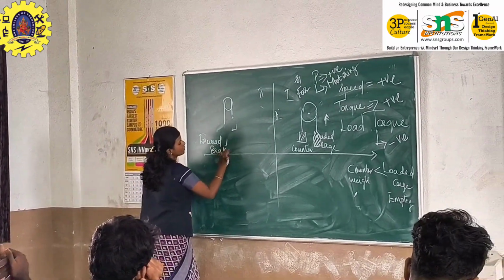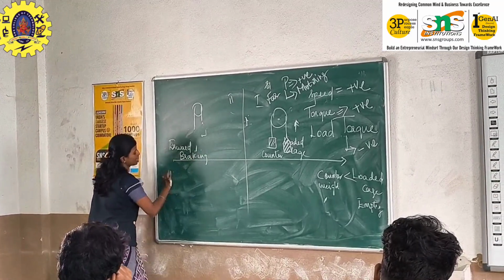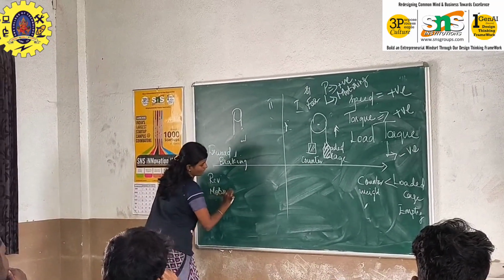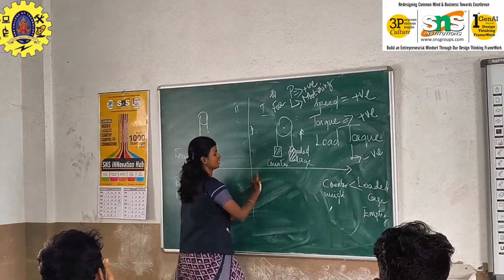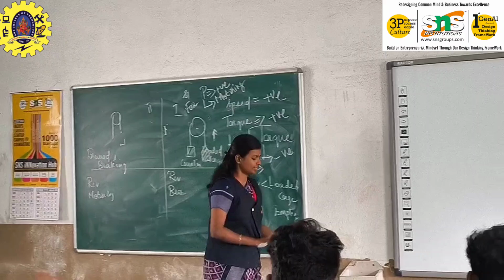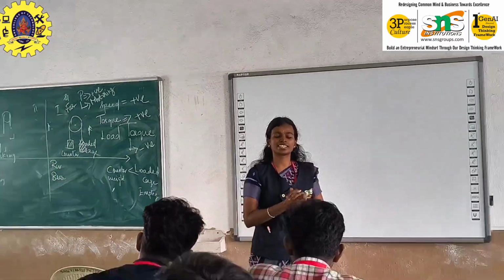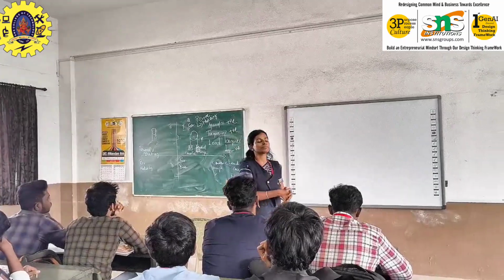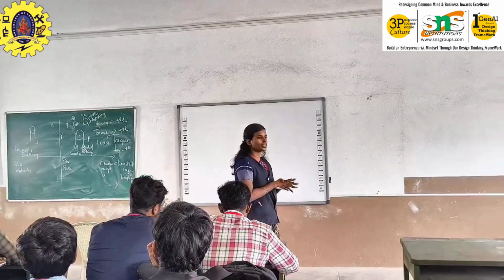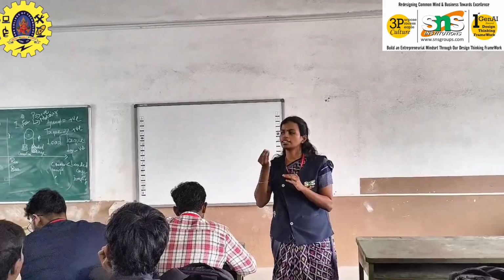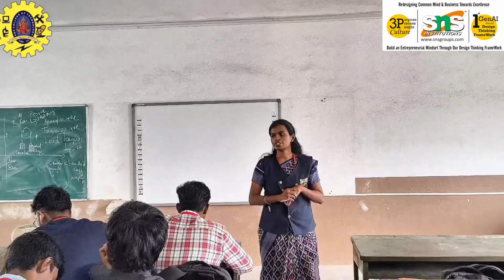The third quadrant will be working in reverse motoring, and this will be working in reverse braking. I think just by the direction you can decide all the things. It can be forward braking, it can be reverse braking. So these are the four possibilities which can occur in your drive. That's all for this topic.